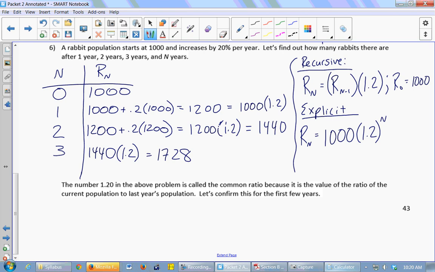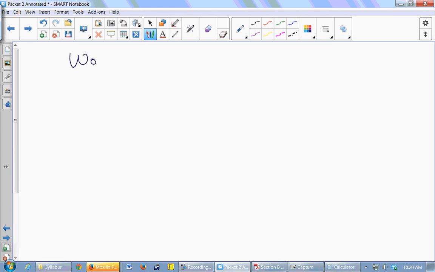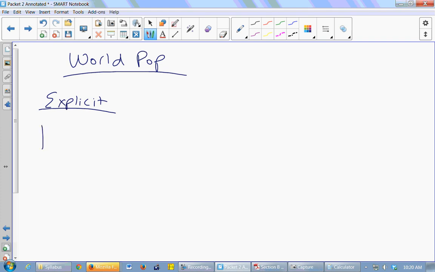For the population problem? Good question. For the world population problem, if I want an explicit formula, I would let the year 2000 represent year 0. That's where we're going to start measuring from. So my world population in year n is going to be 6 billion times 2, and I'm going to multiply by 2 over and over again, so I would raise it to the n.